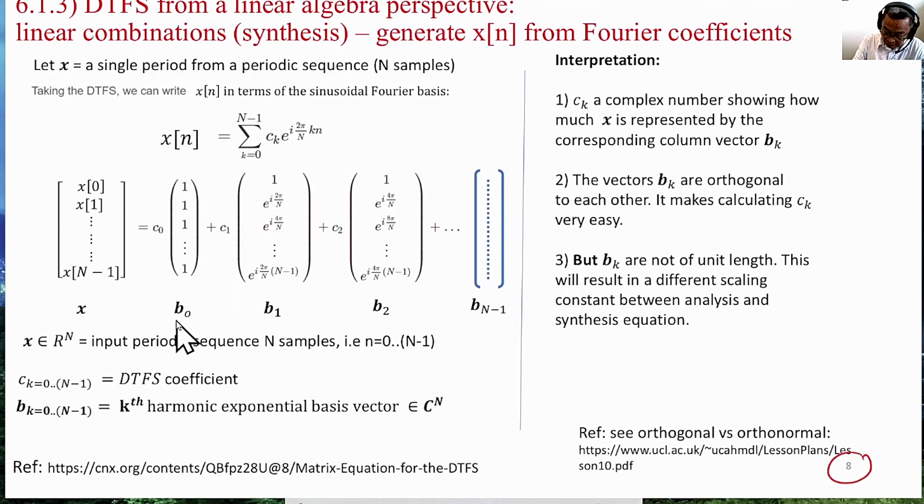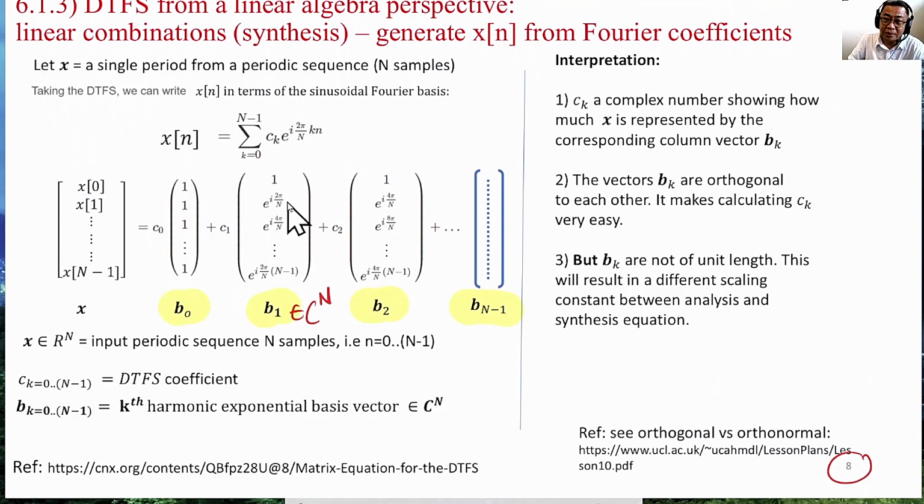We see that in this particular example, B0, B1, B2 up to Bn-1 are column vectors and they are complex valued with n elements. In particular, if you view this as a complex number, the elements have radius 1 but with different phases.